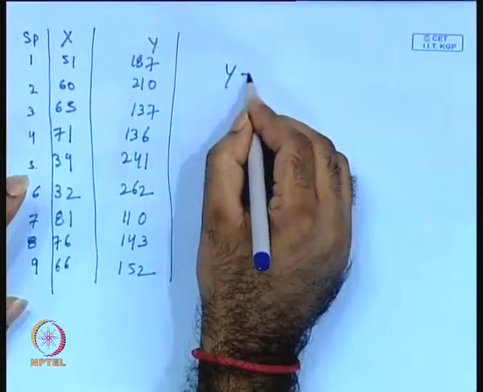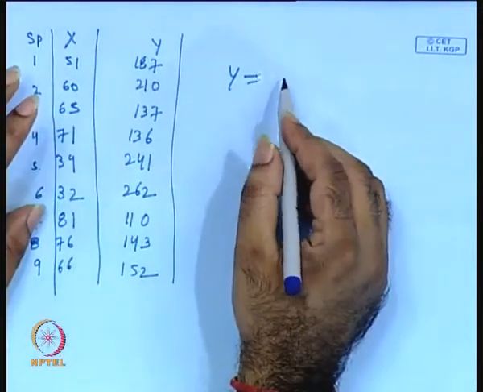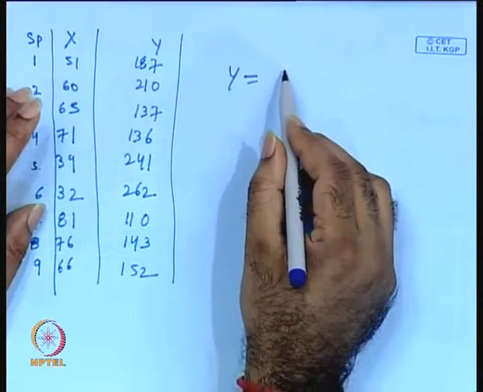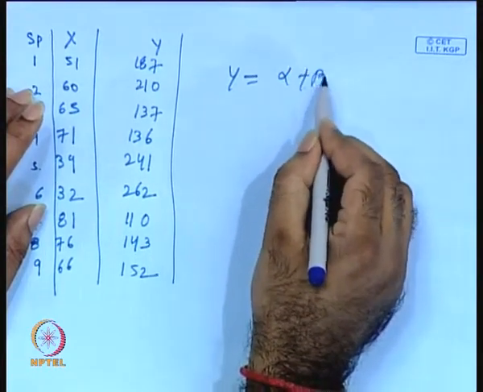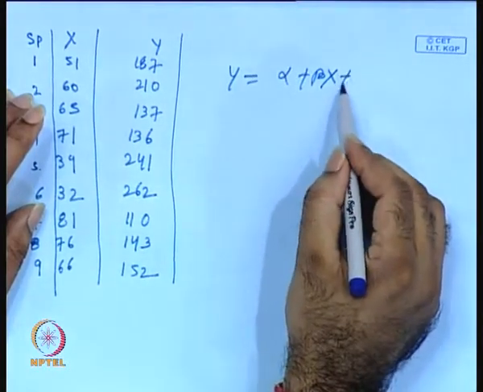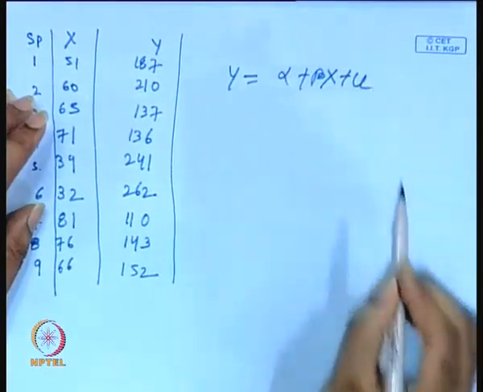So, now what is the idea behind this model? We will assume that y and x are related in a linear way. So, our assumption is y equal to alpha plus beta x, and if we add the error term, then obviously this is plus u.